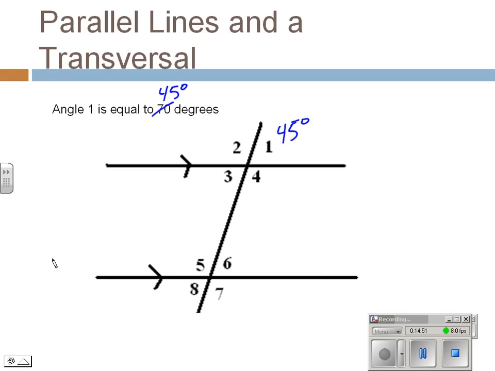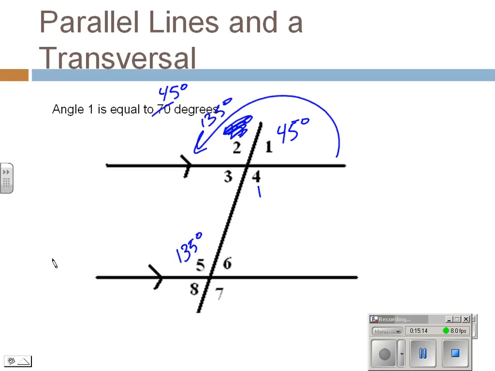So if that's 45 degrees, what I'm going to do is use the reasoning of supplementary angles. This is going to be 45, I didn't mean to say that, 135 degrees. Now I'm going to use the reasoning of corresponding angles. So angle 2 and angle 5 are both 135.